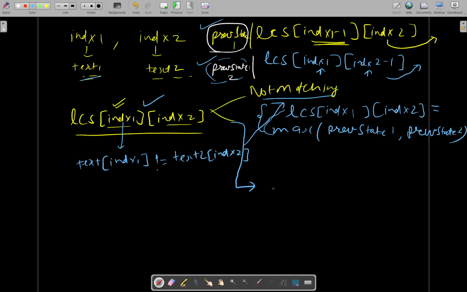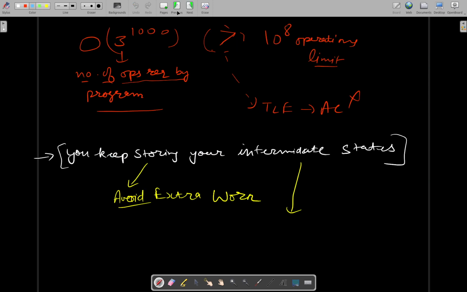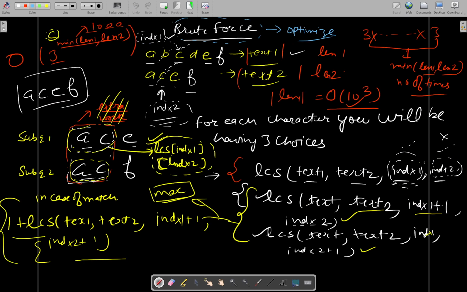Okay, so what will be the two options? Let's call this the earlier value that we were getting for LCS. So you will have two options to take. Either you can take whatever value is currently present in your current state. This was the option that I forgot to mention while describing the recursive approach.